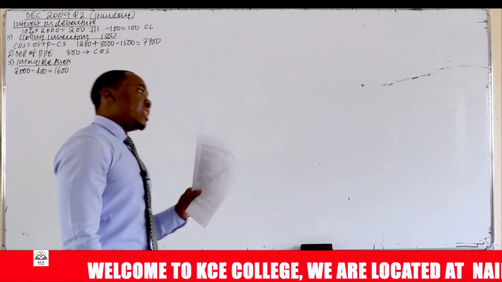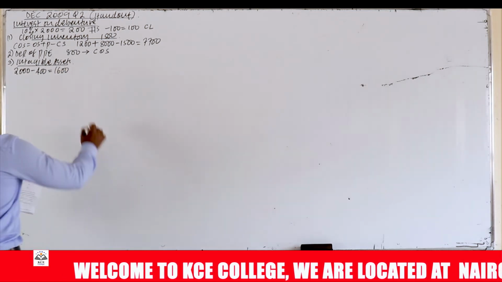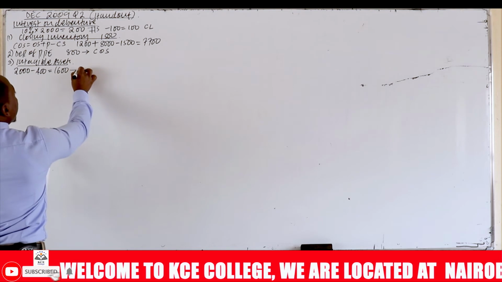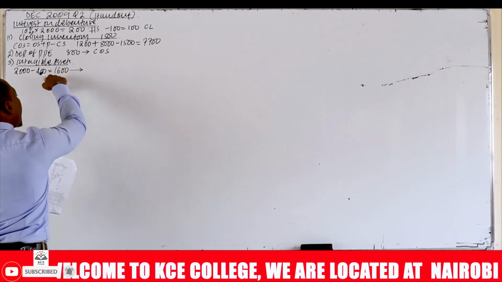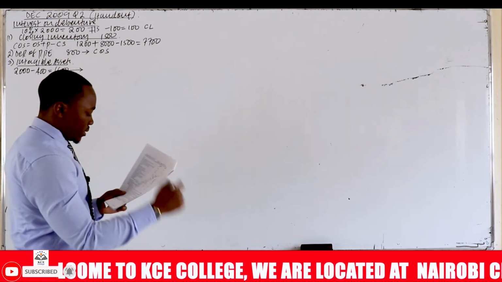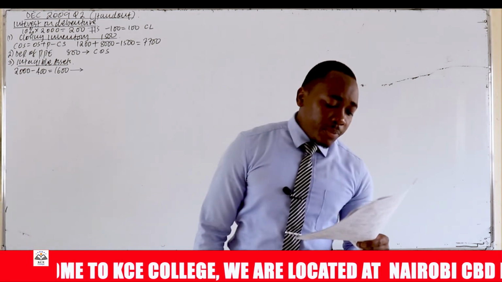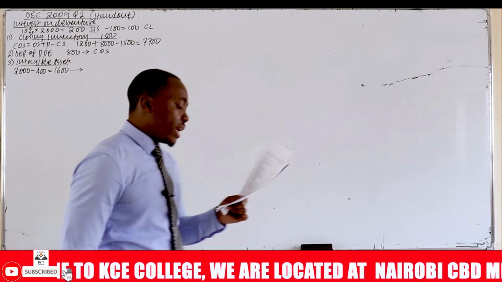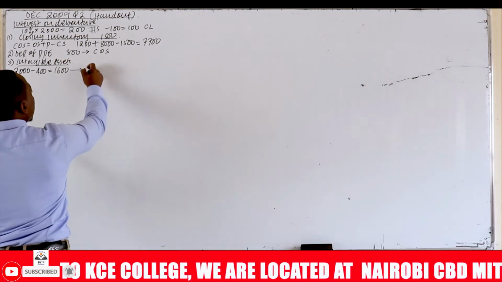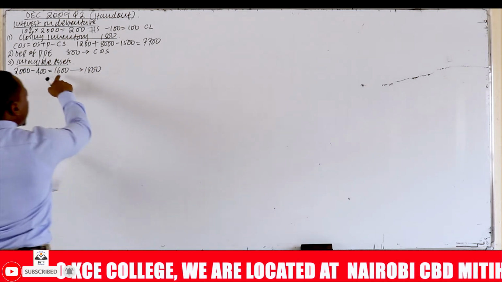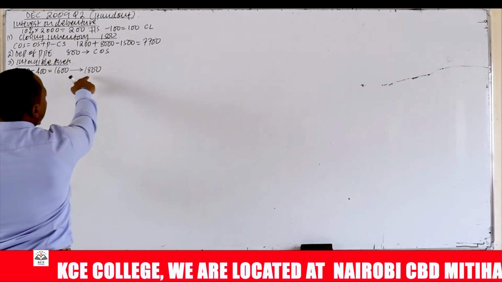Now, to determine whether there was a revaluation gain or loss, you compare the carrying amount against the revalued amount. We go back to note number 3. Intangible assets are to be revalued to 1,800 million. So the carrying amount is 1,600 and the revalued amount is 1,800.